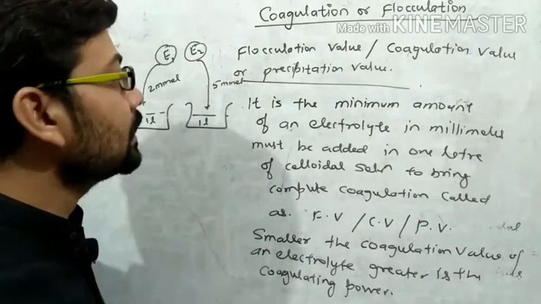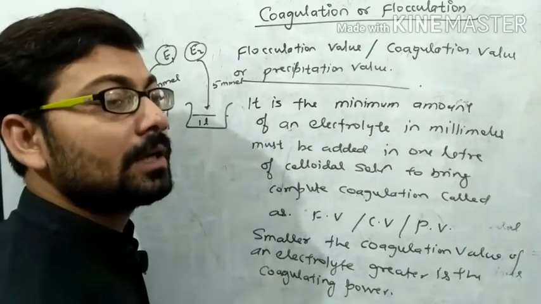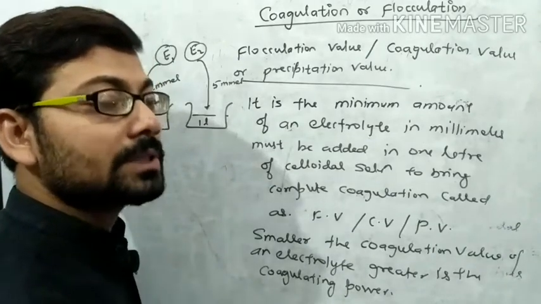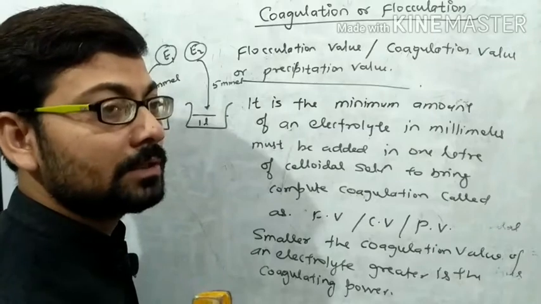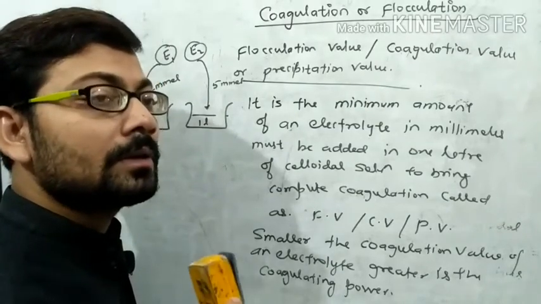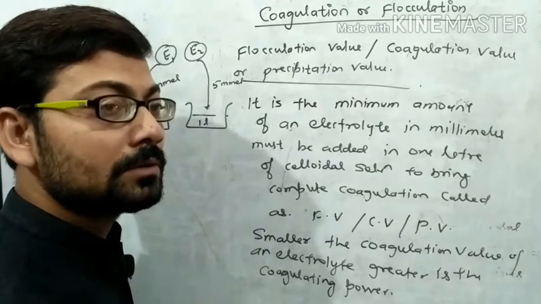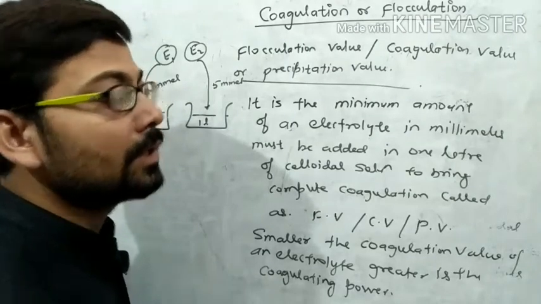राइट? इसी के रिस्पेक्ट में एक साइंटिस्ट ने अपना एक लॉ दिया, एंड दैट नेम ऑफ द साइंटिस्ट इज हार्डी सुल्जे, and he gave a rule that is called Hardy-Schulze rule. So what is the Hardy-Schulze rule?